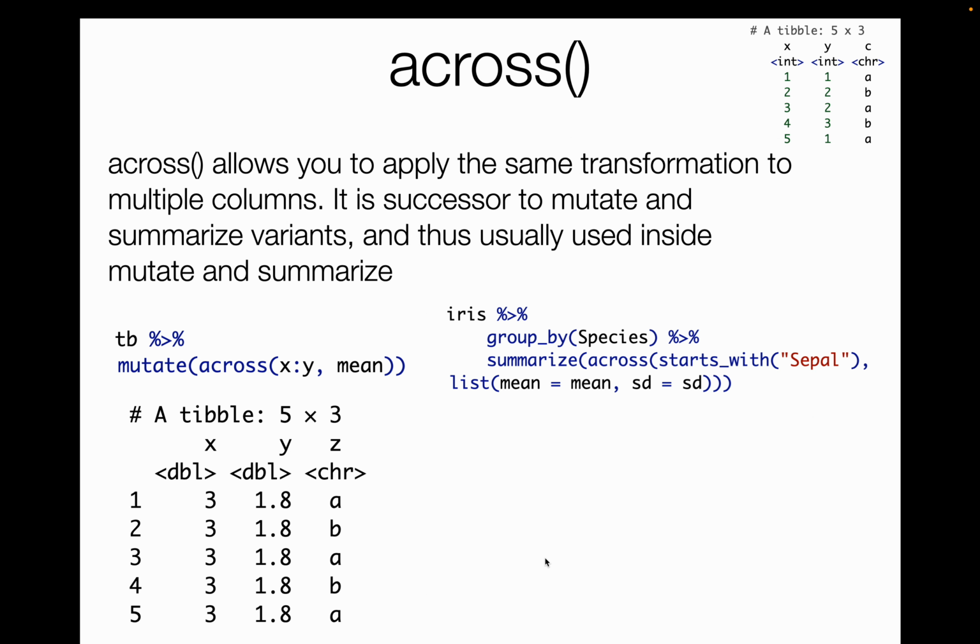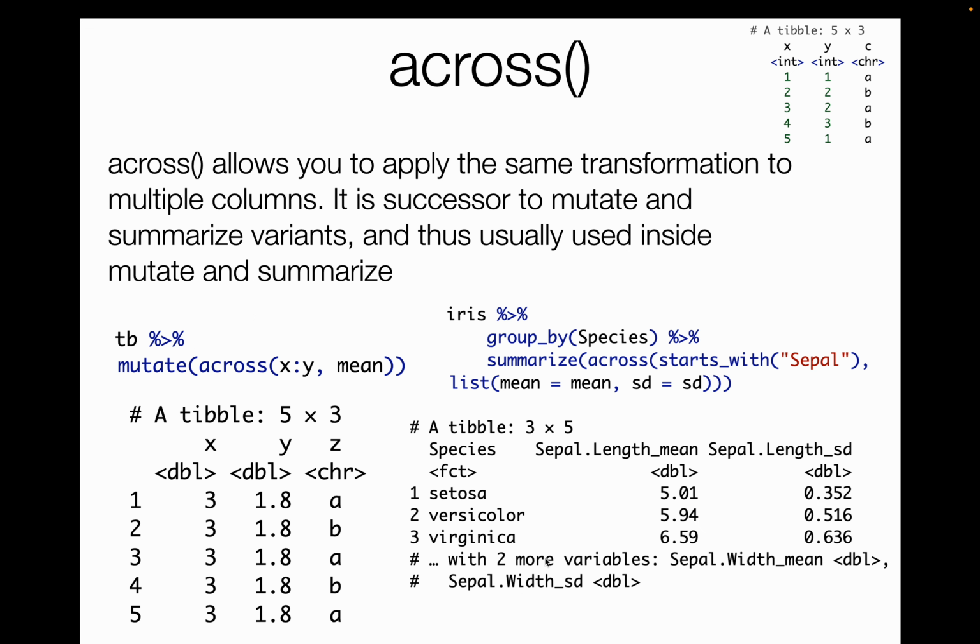There were 4 columns: sepal width, sepal length, petal width, and petal length. I want to find the mean and standard deviation for both of the sepal columns. And that's one way I could express that here.